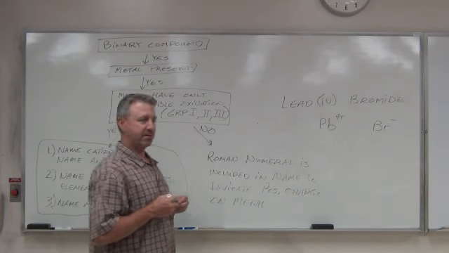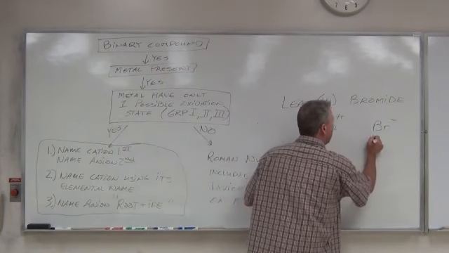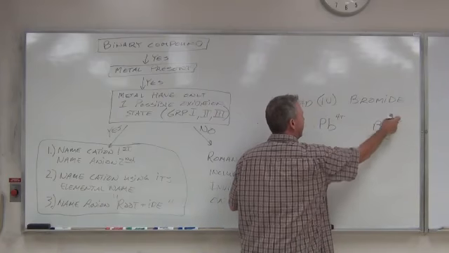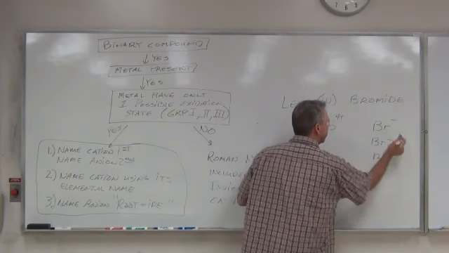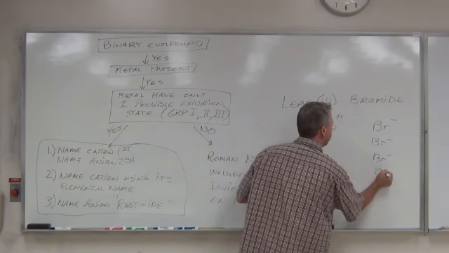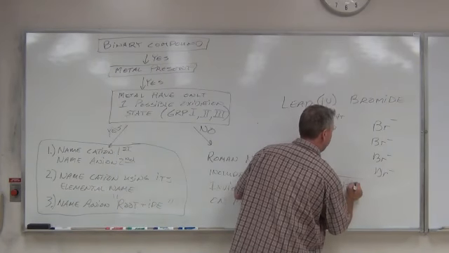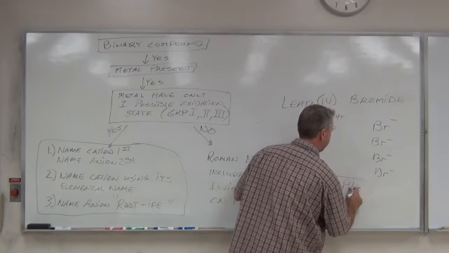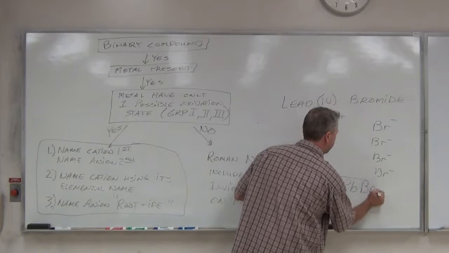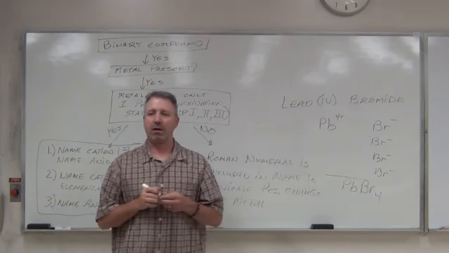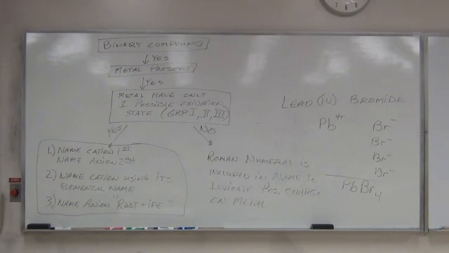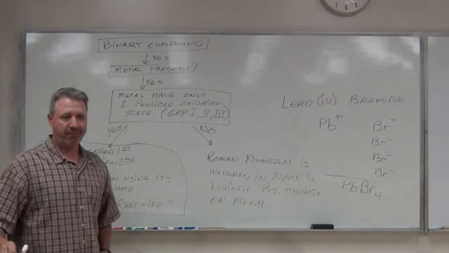Everybody see that? These obviously aren't equal. I'm deficient on the negative, -2, still deficient, still deficient. There it is. 1 lead, 4 bromides. PbBr4.